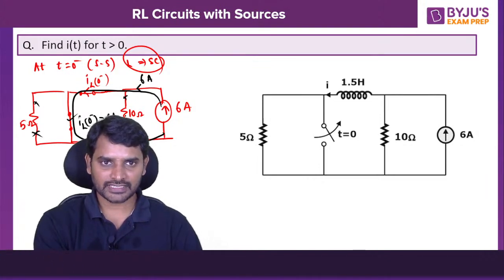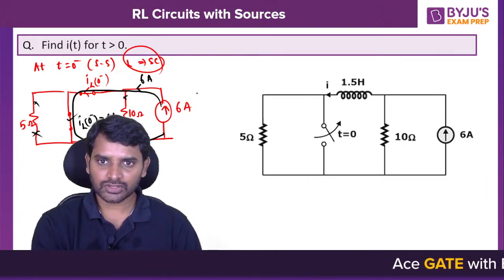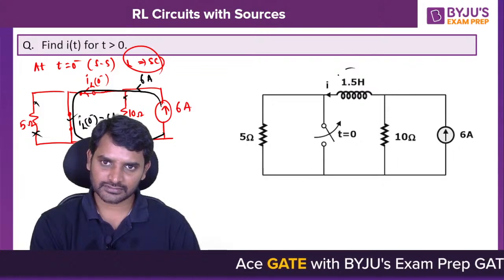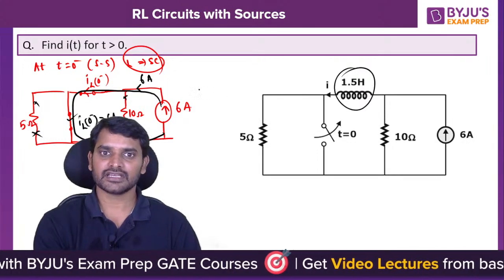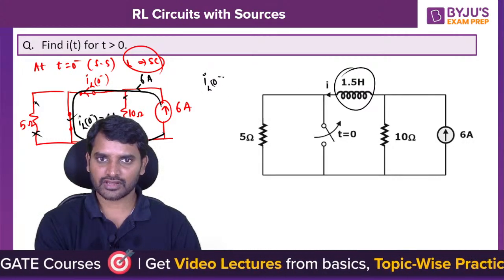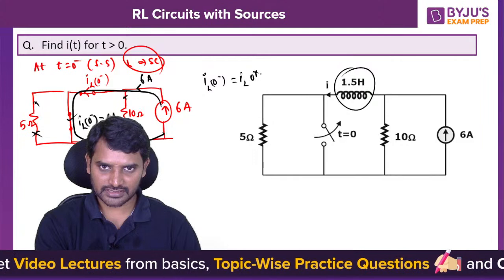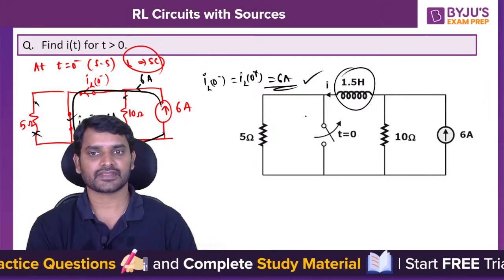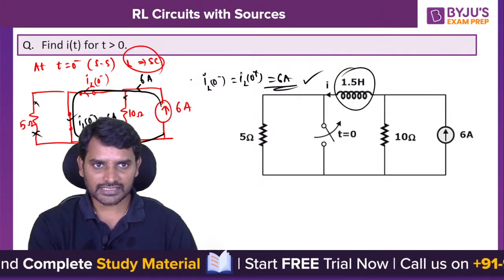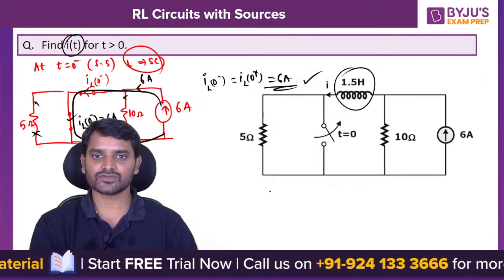Okay. So here, I got to know that the initial current through the inductor is 6 amperes, IL of 0 minus, or you can also take it as IL of 0 plus. Just after opening the switch the same current flows, that is 6 amperes, right? Now to solve this current equation, what do I need?